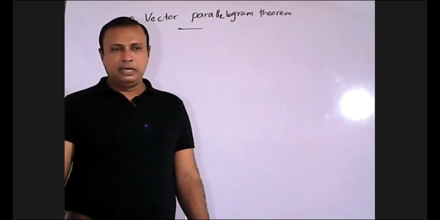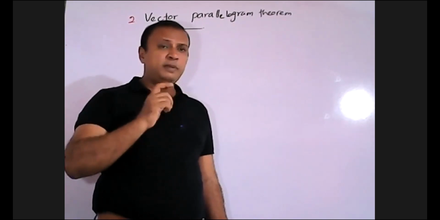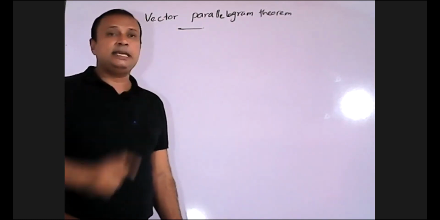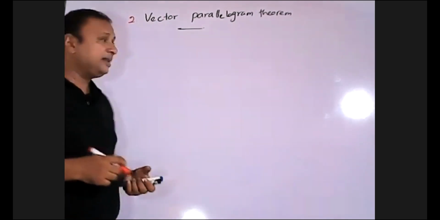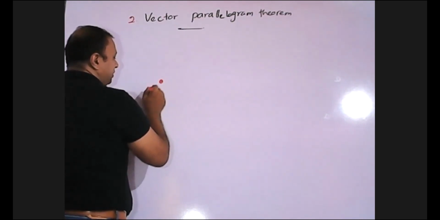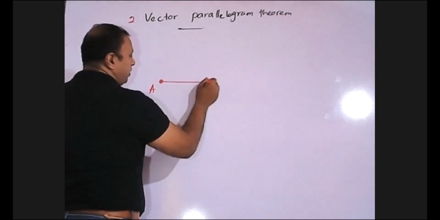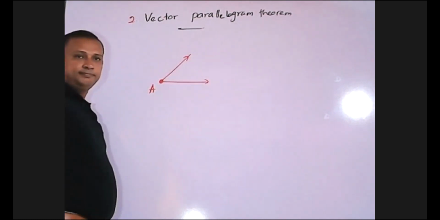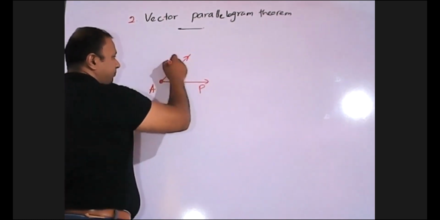Suppose there are two vectors acting at the same point, and suppose this is the point A. These two vectors are acting at the same point. Suppose they are P and Q.